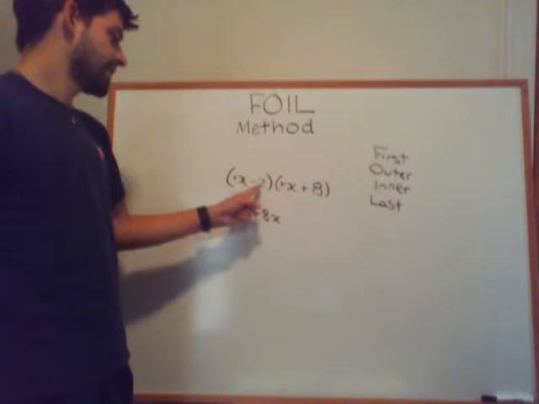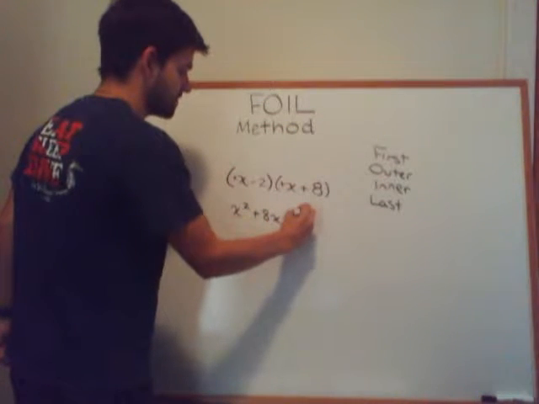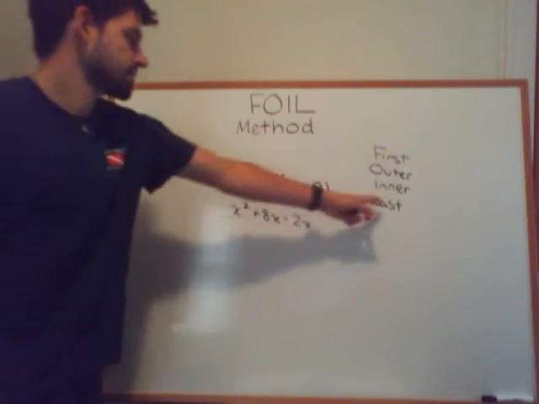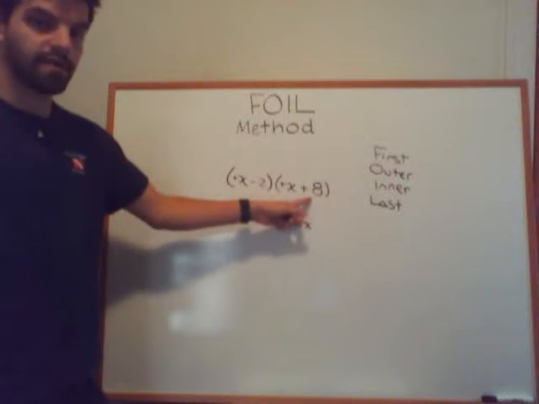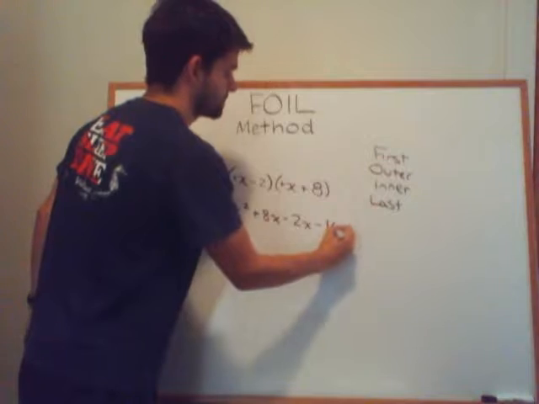Next we have the inner, negative 2 times a positive x is a negative 2x, or a minus 2x. Then last parts of the binomial expression, negative 2 times a positive 8, that's a negative 16.